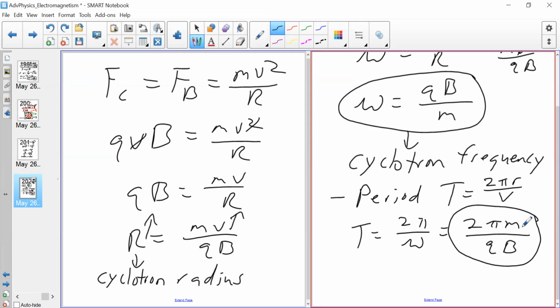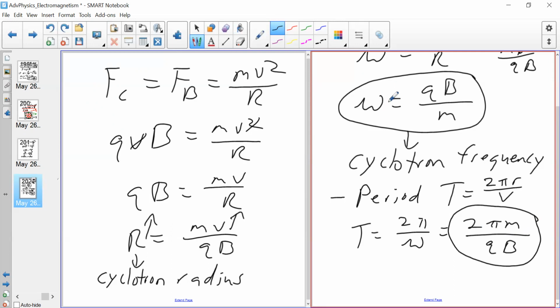Mass of proton, charge of proton, magnetic field in question. I want to increase the period, reduce the field. Reduce the period, increase the field. And that's contiguous with the angular frequency.